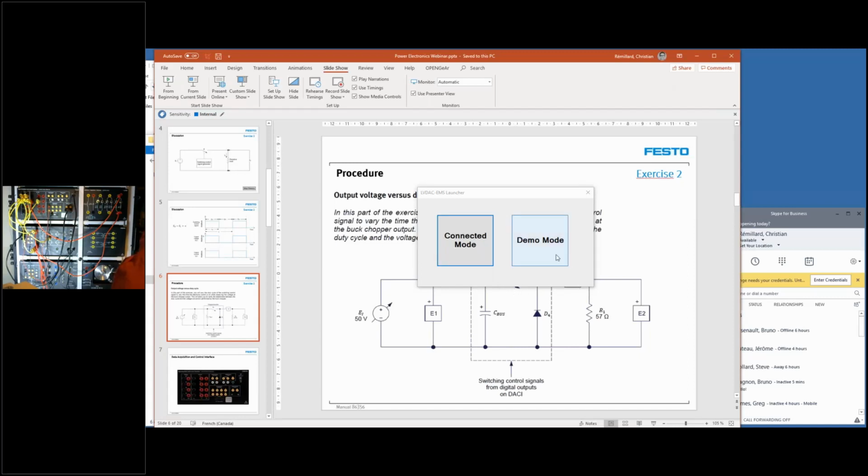When you launch it, you have the choice of running in 2 different modes. Demo mode is always available, even if you don't have any of our equipment in your lab. You can use the demo mode to explore the capabilities of the software. And by the way, this software is downloadable for free from our website, and Gonzalo will copy in the chat box now the URL for you to go on our website and download the software for free.